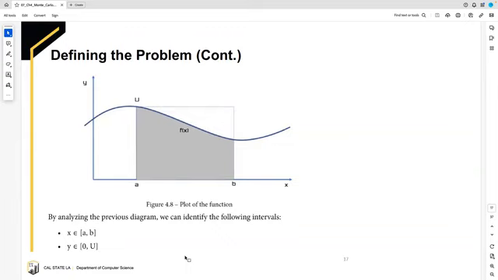And then y, which is the values that it can get, goes from 0 to u, right? So f of x is this function, and if you want to find the integral by the definition, then you are interested in the area below the curve, which is the gray area. You're following me? Everyone is okay?